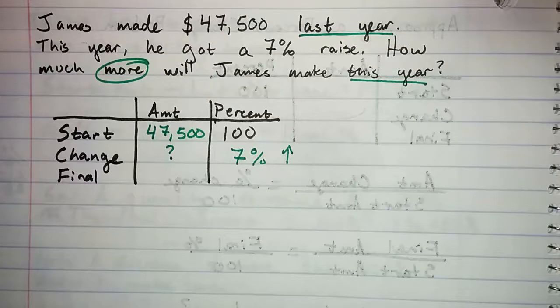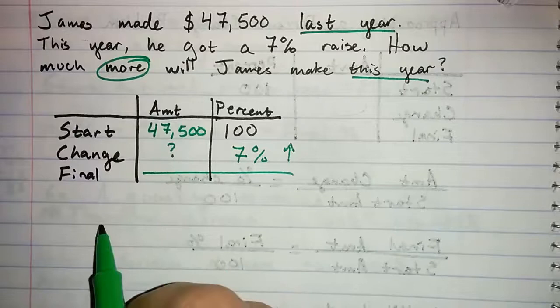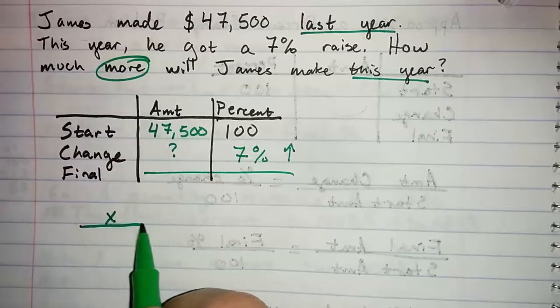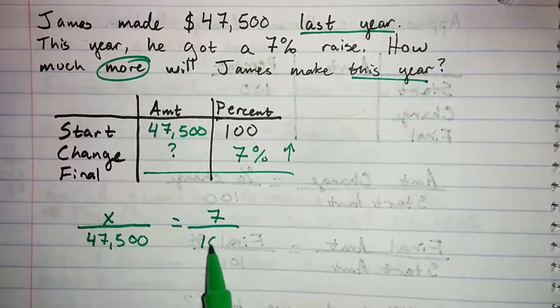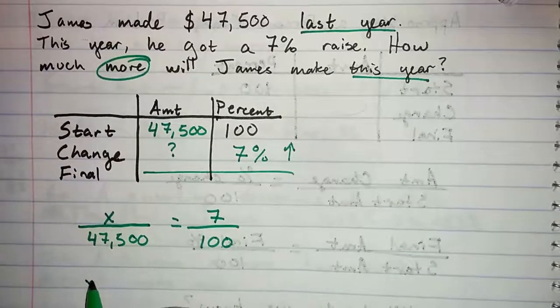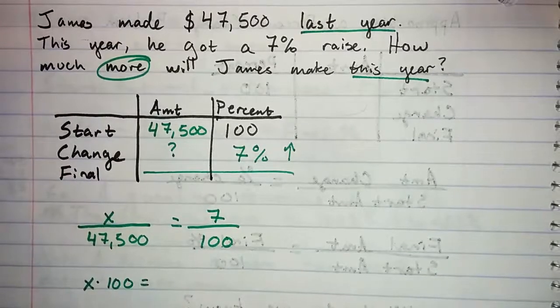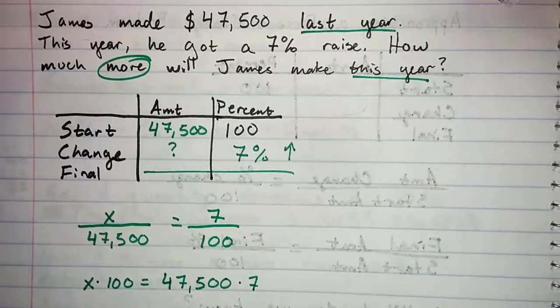Oh, it looks like this one's going to be pretty straightforward. It looks like in this one we aren't interested in anything to do with the final amount or the final percent. So we won't need to do any steps in the middle. We'll just say the amount change over the starting amount is the percent change over 100. Cross multiplying, we'll say x times 100 is 47,500 times 7.